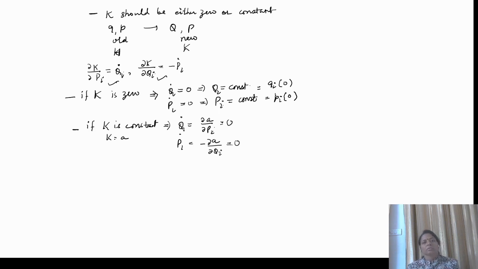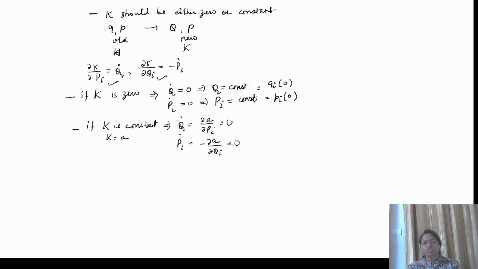Now I want to explain what the advantage is, or what type of generating function we should choose so that we can get our purpose fulfilled. What is my purpose?